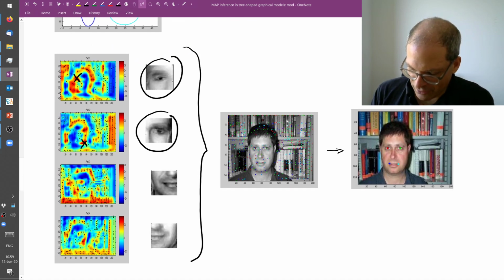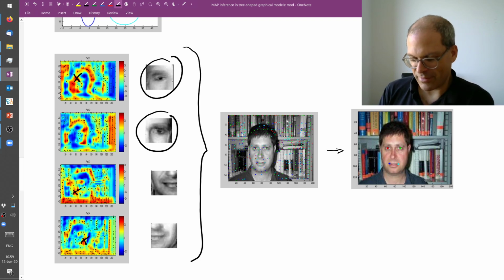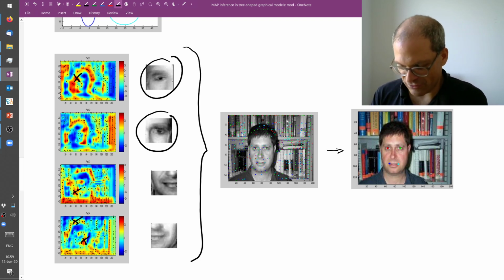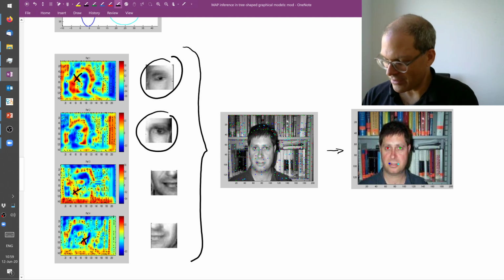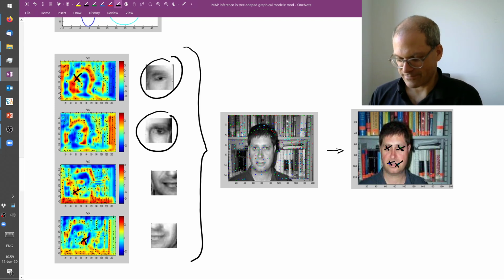And similarly for the corners of the mouth, we have the good locations, but also very misleading strong detections. Taking them into account jointly gives us the correct solution.